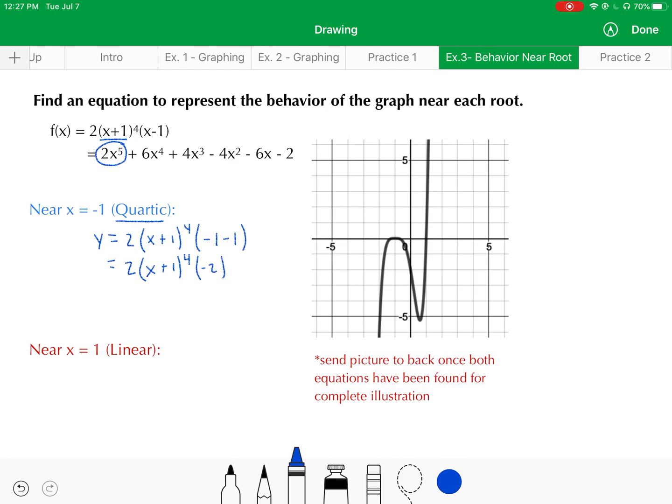Obviously, -1 minus 1 is -2, and then 2 times -2 is going to give me -4. So I end up with y equals -4 times x plus 1 to the fourth power, okay? So that's just stating that right here at x equals -1, this curve should be behaving like the equation that I have circled in blue that I've just created, okay?